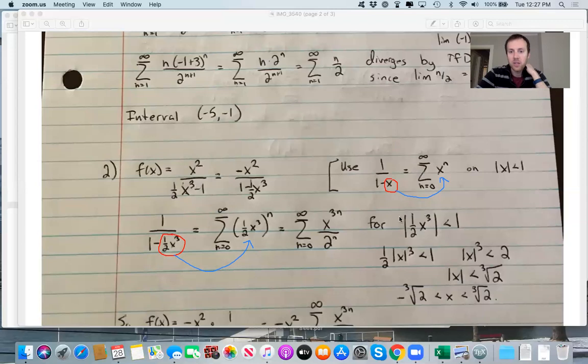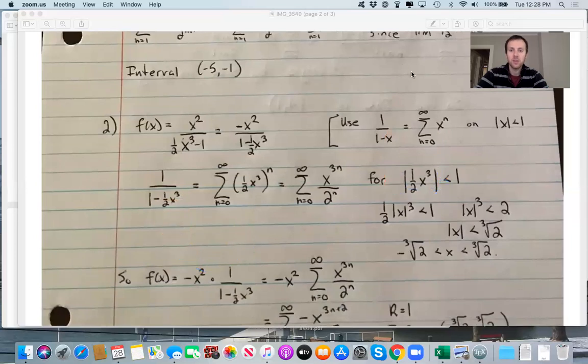And if we work on this inequality, the first thing is we can factor out a 1/2, and we can take the absolute value of x and cube that. Then multiply both sides by 2, and then take the cube root. And so the x's that make 1/2 x cubed less than 1 are the x's that have absolute value less than the cube root of 2.